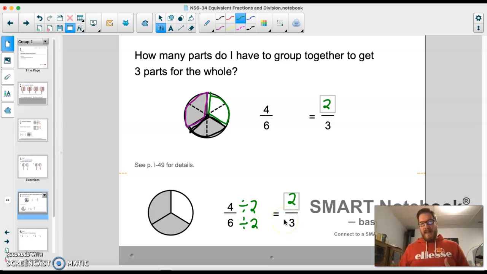Going forward, when we answer these types of math questions, mathematicians often want these kinds of answers in lowest terms. And so doing some division questions or simplifying through division will help us get down to lowest terms.